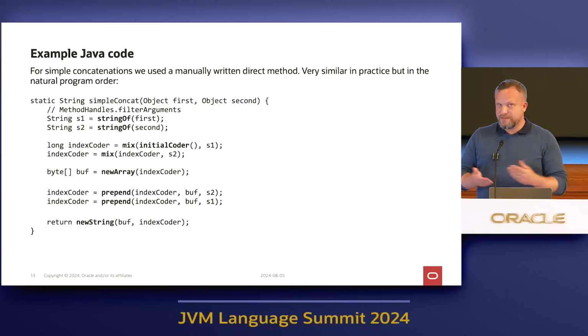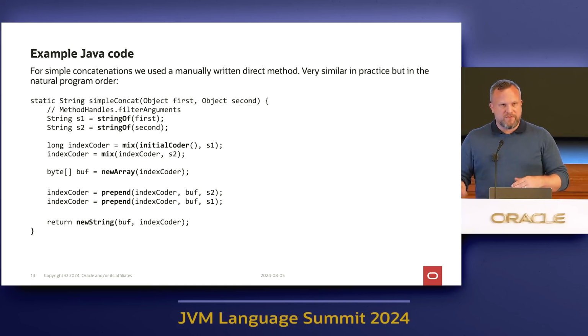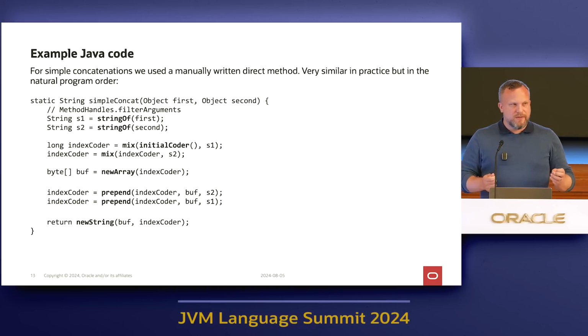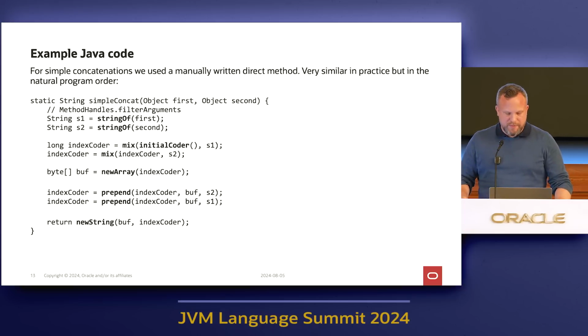For performance reasons, it was chosen to prepend from the end of the array. This saves a little bit on certain primitive arguments like integers, where we don't have to calculate the string size twice or keep the string size in memory. So this is the simple rundown of what the current string concat factory is producing.